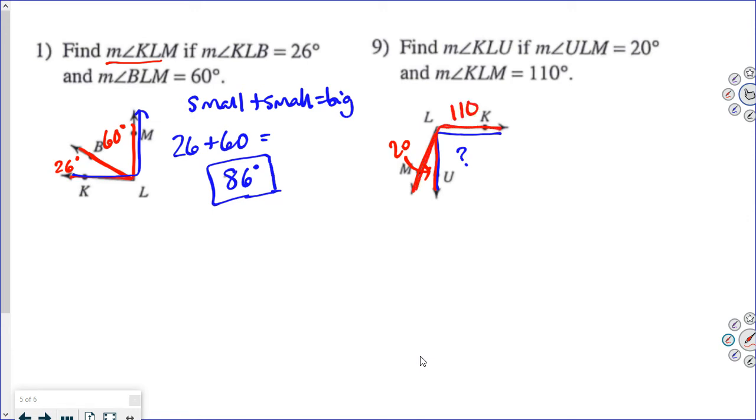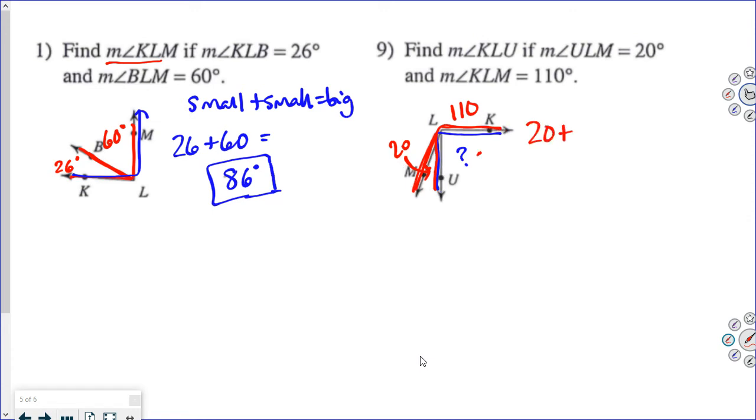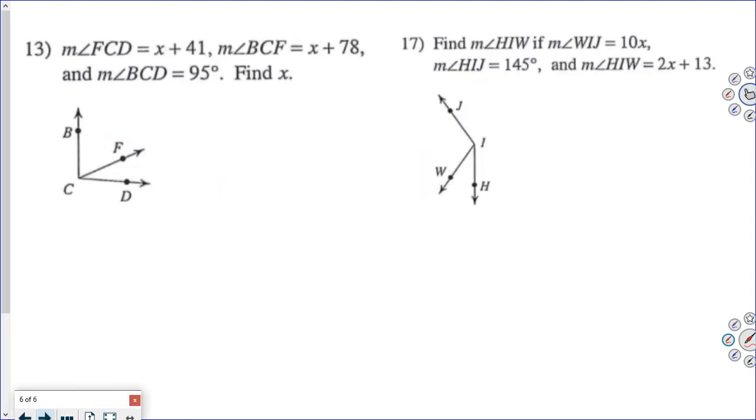So if we think about small plus small equals big, we have 20 plus one that we don't know. We're going to call that X. So 20 plus X equals 110, and then we subtract to get 90 degrees. Now, some of you will recognize that without this equation you're going to subtract to find that answer. That's totally fine.